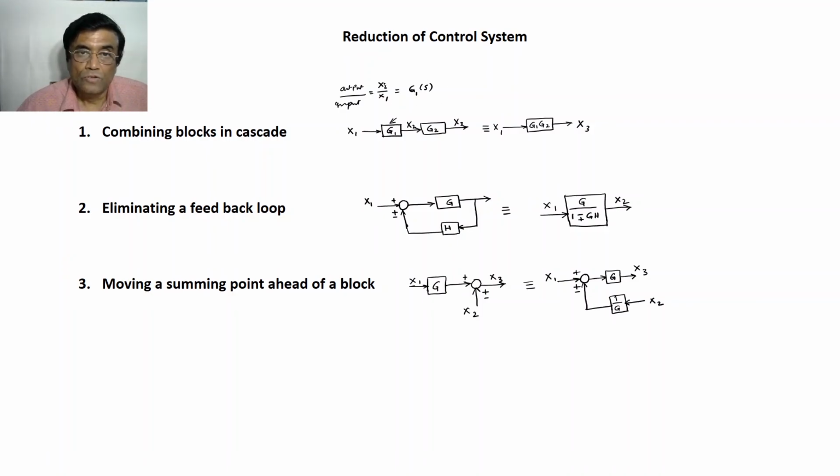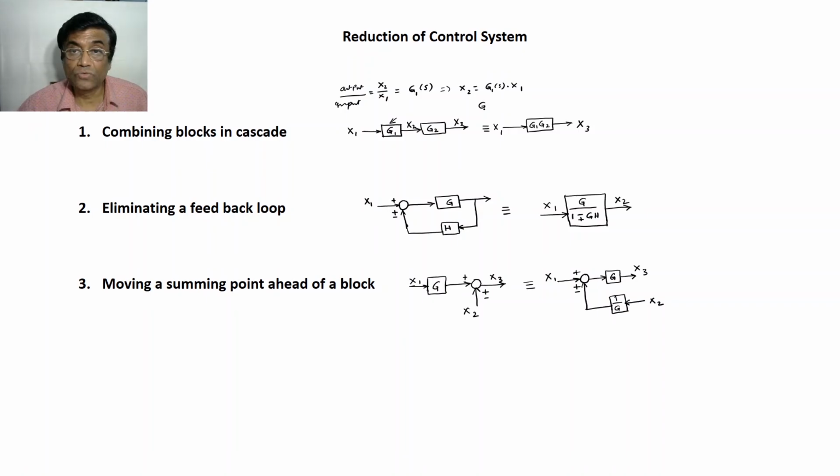So this is actually the definition of transfer function. If it is a motor, then all the mathematical relations are there. The input could be armature current, and the output could be torque. So this will give me X2 equal to G1 into X1. Now this is actually the input to the second block.